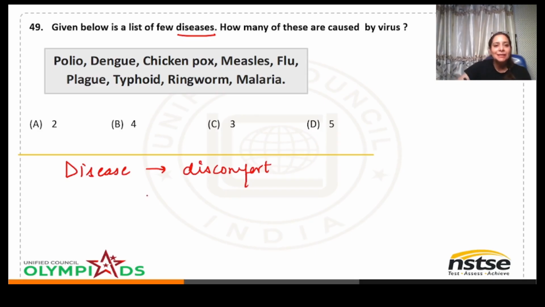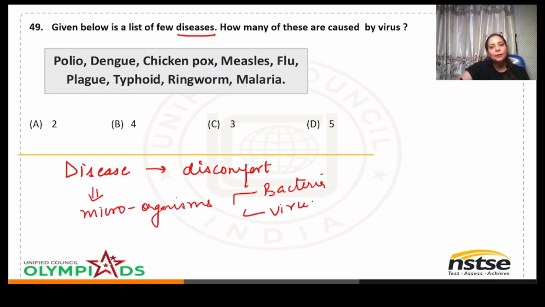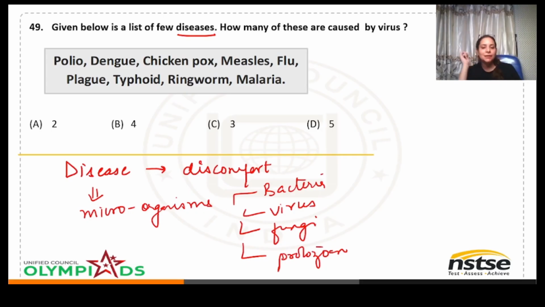Most of the time diseases are caused by microorganisms. So microorganisms are the causative agents. A few diseases are caused by bacteria, maybe by viruses, maybe by fungi, maybe by some protozoan.